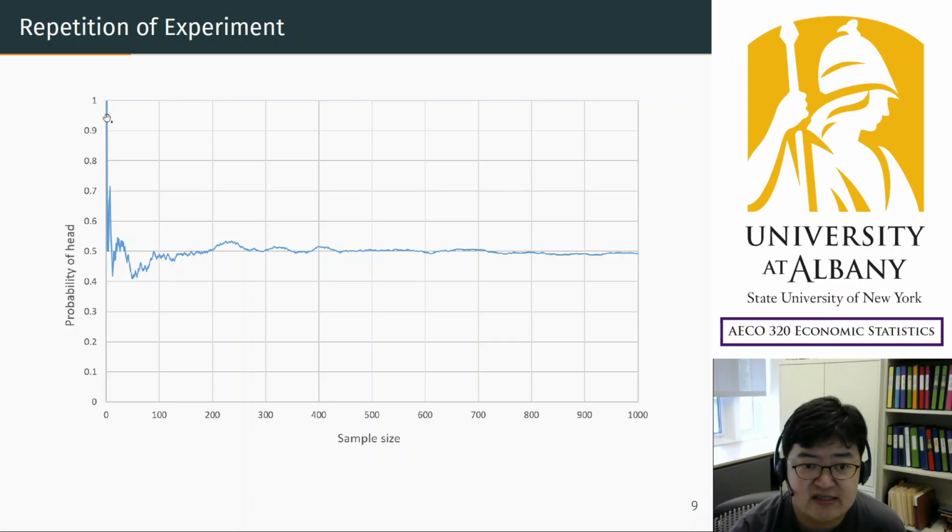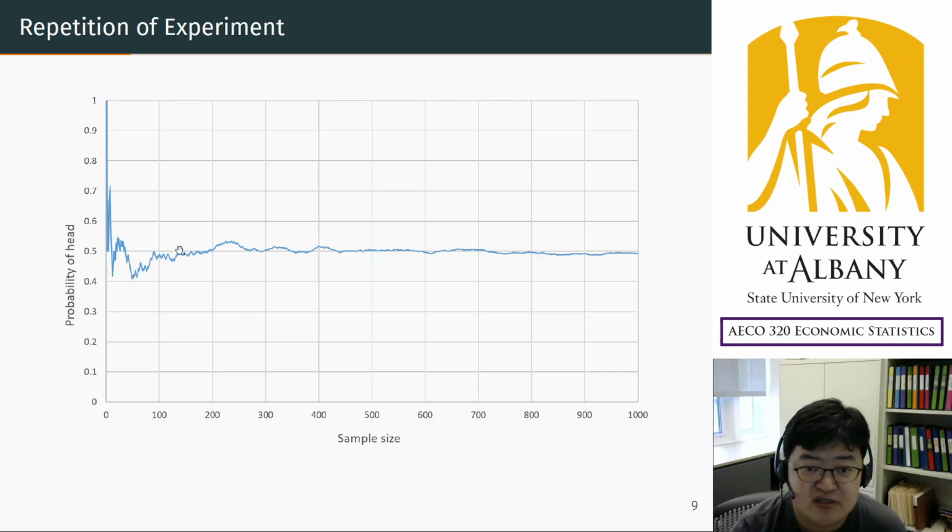And we can see that if you have a small sample size, like below 100, then it can be wrong by as much as like 40%, say. Even if you throw 50 times, the probability can be like 10 percentage points away from the true probability.